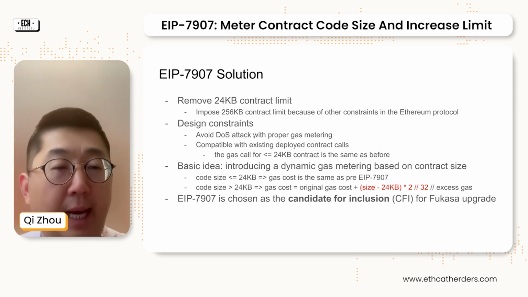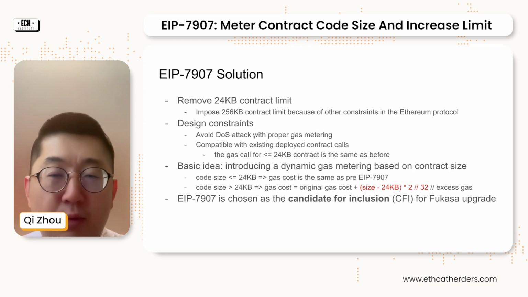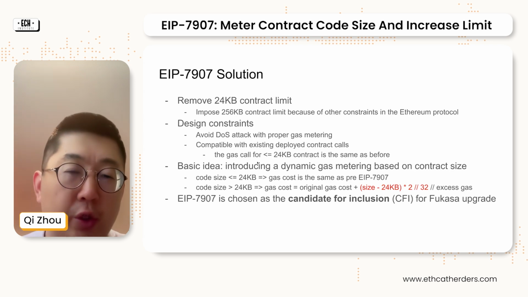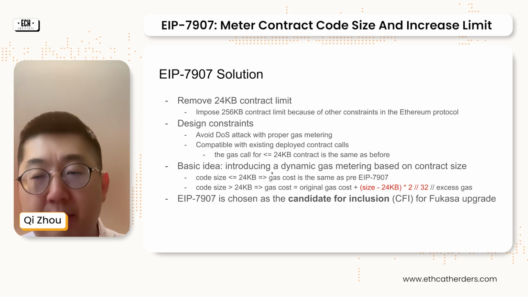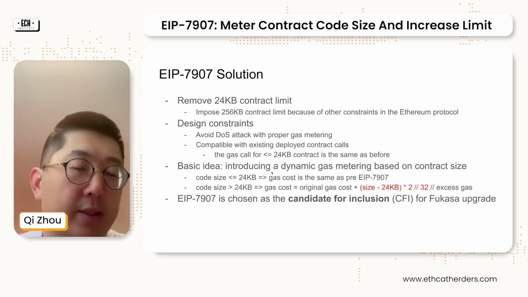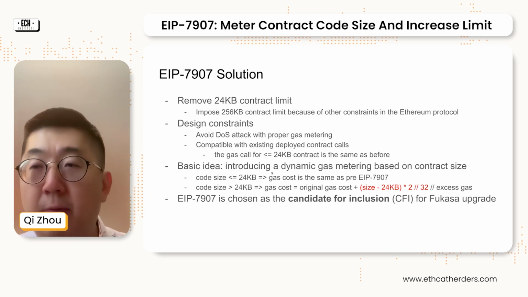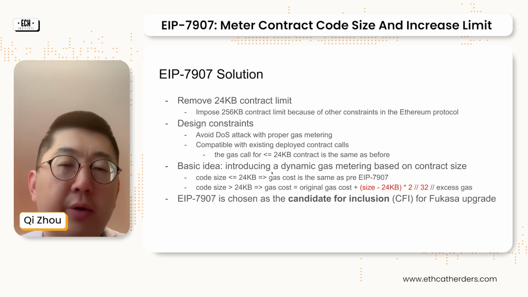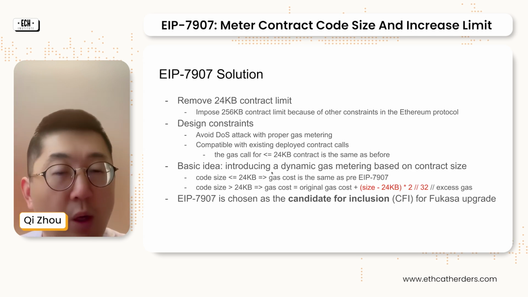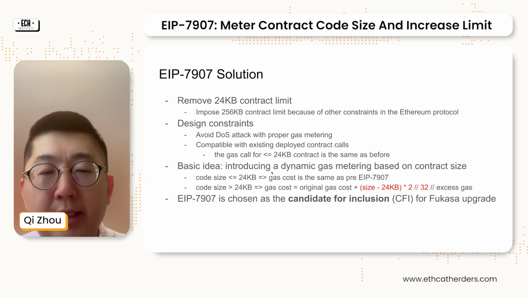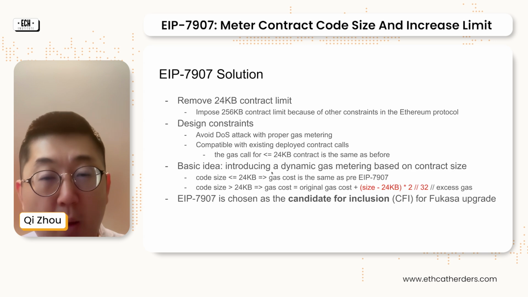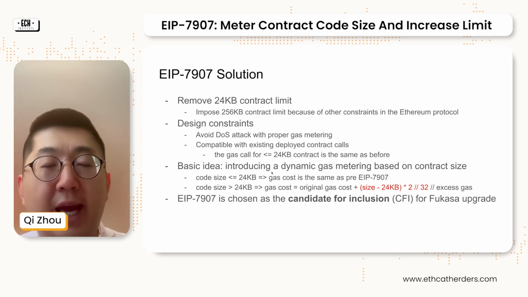So what is the basic idea? The basic idea is quite straightforward: introduce dynamic gas metering based on the contract size. If the contract size is smaller than 24 kilobytes, then calling these smaller contracts takes the same gas cost, still 2,600 gas.